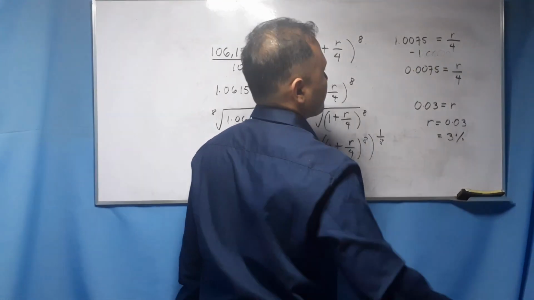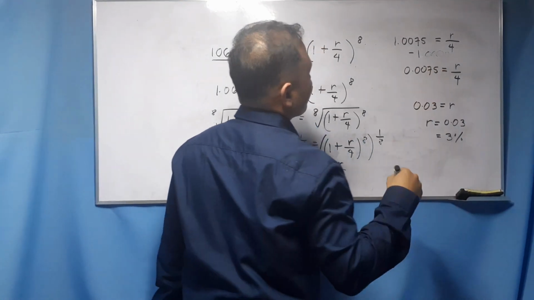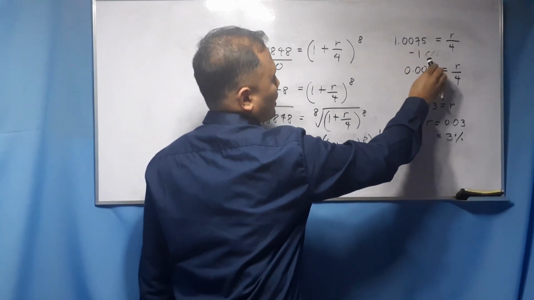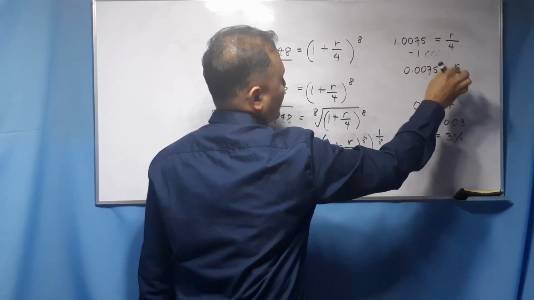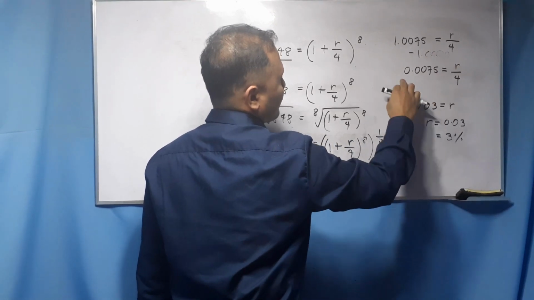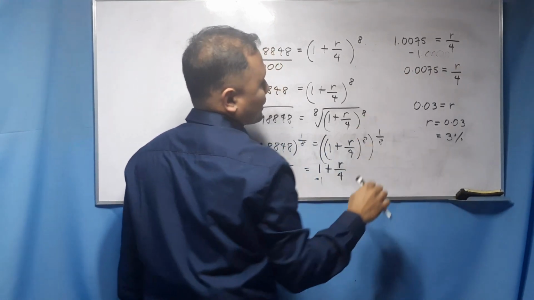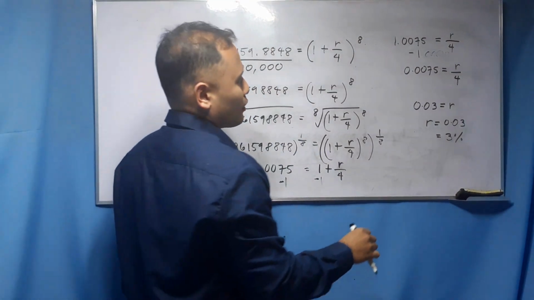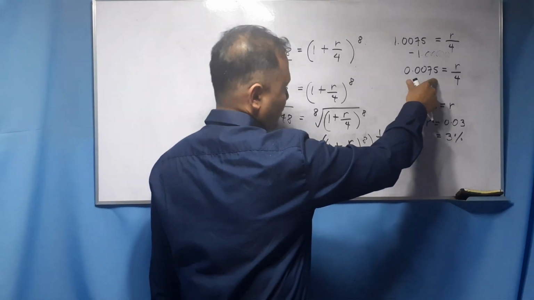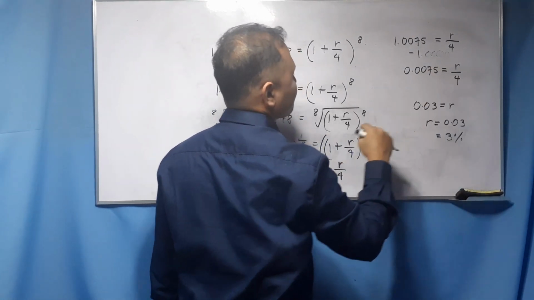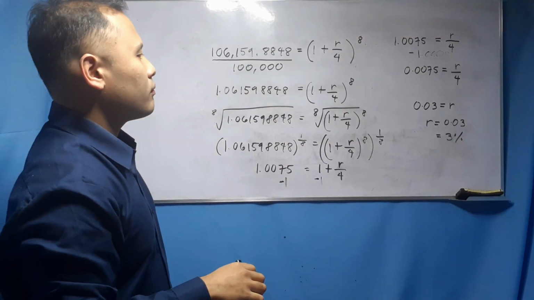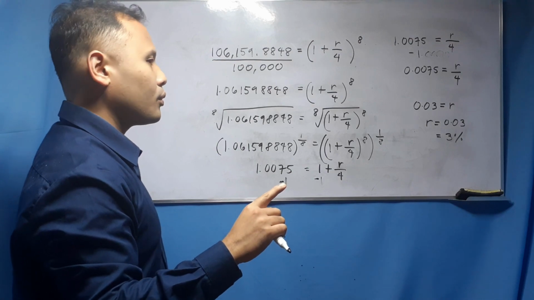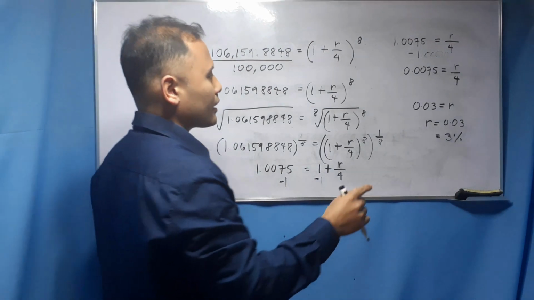So 1 minus 1 is 0, and the zeros in the decimal part also cancel, so we have the difference 75/10,000ths in the left hand side. As you can see, we have single terms on each side of the equation. This is another process that we have to perform to really get the value of R.